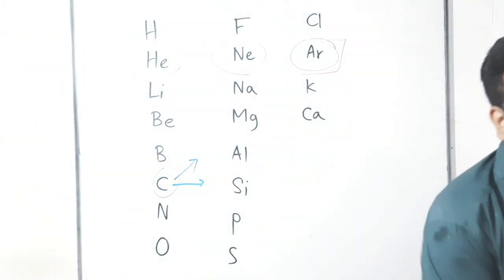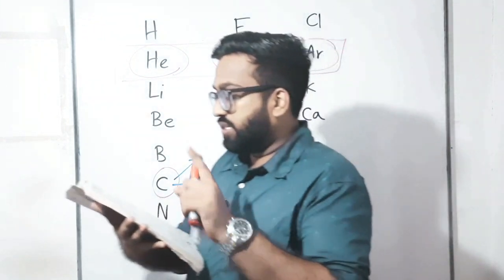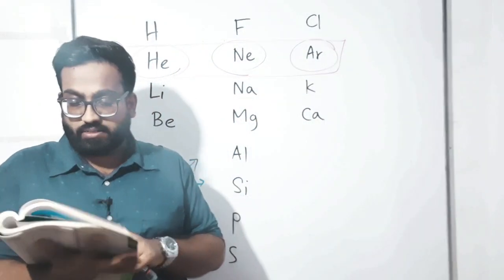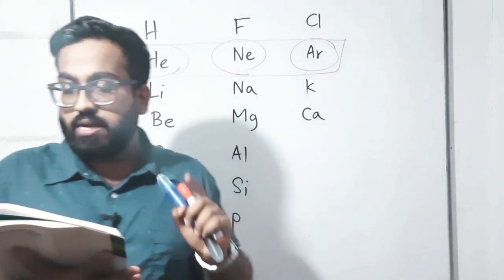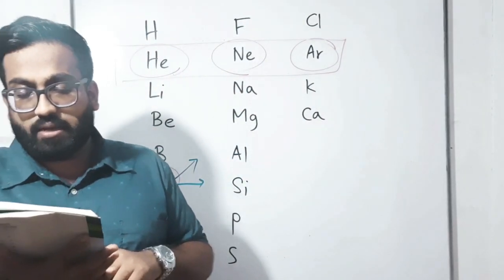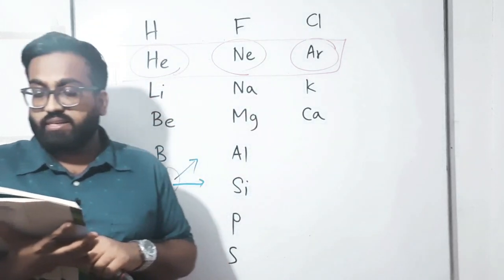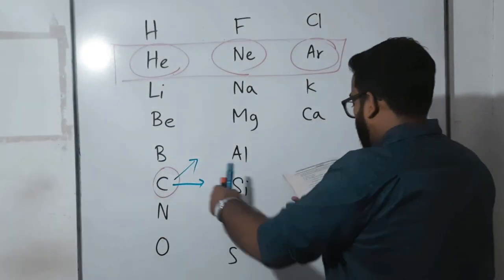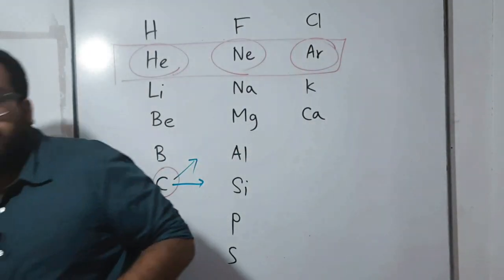So again read the question here. A, E, G, J, like that, Q, R are consecutive elements in the periodic table. The atomic number of all these elements is less than 20. E naturally occurs in allotropic forms. So now we know definitely carbon is E. Shall I write here?